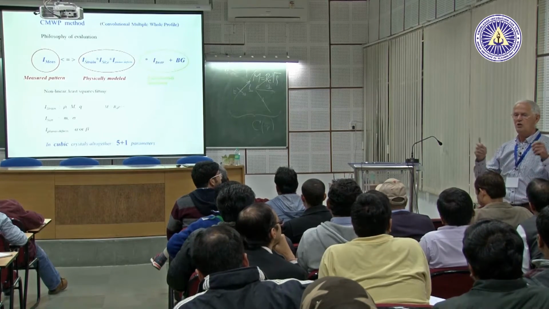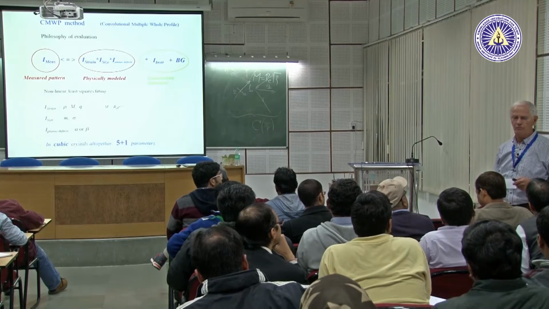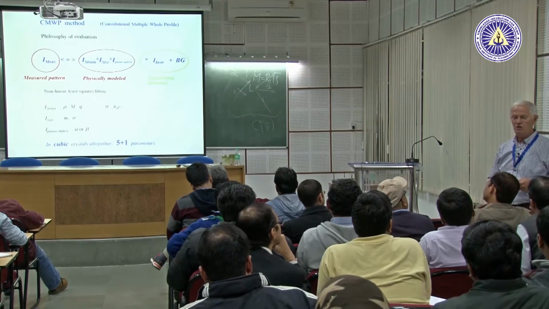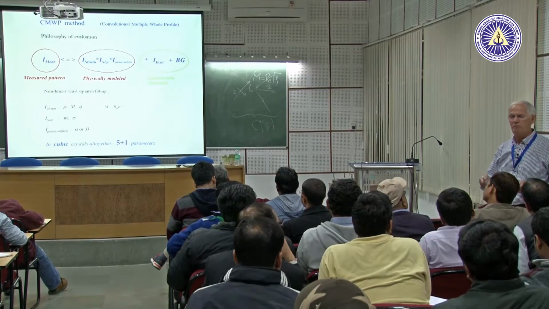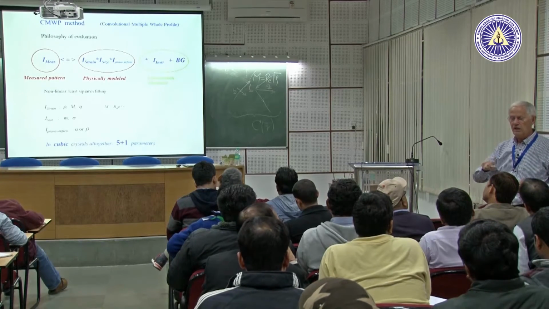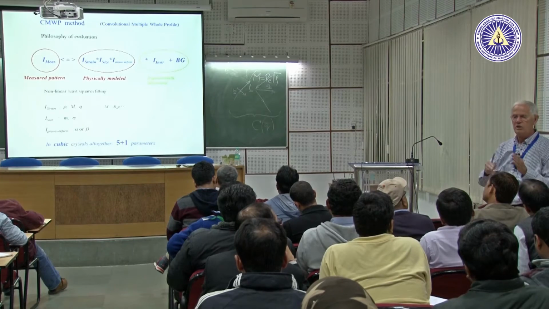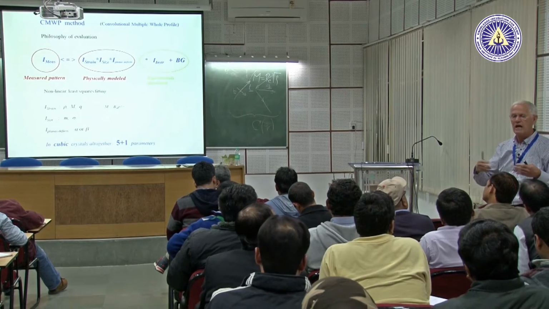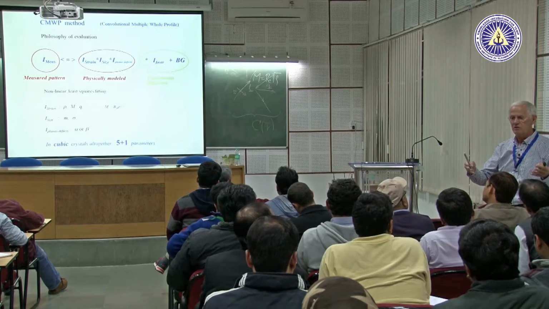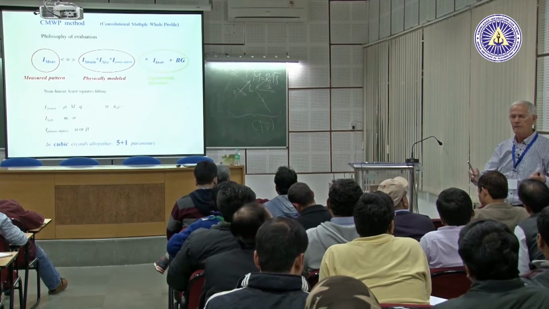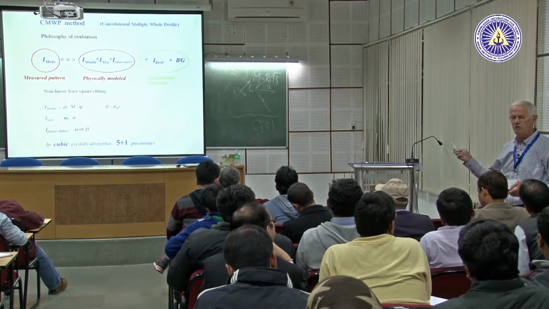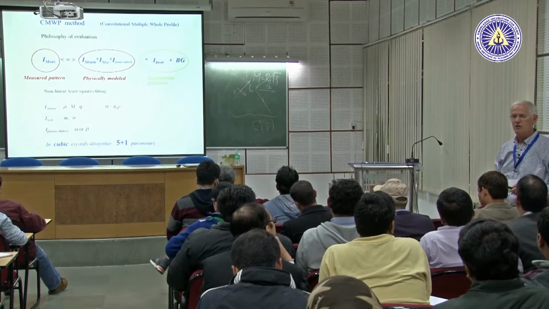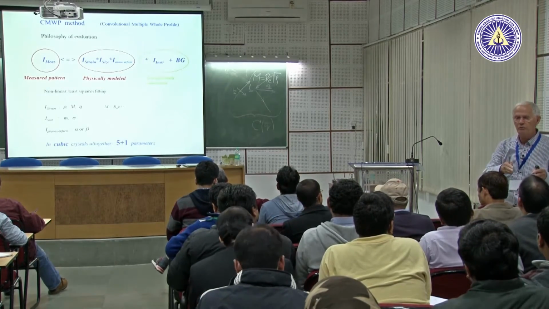So we included a Monte Carlo procedure in which the physical parameters are evaluated by the Monte Carlo, and the peak positions and peak intensities are still worked out with the nonlinear least squares fitting. So there is a combination of Monte Carlo and nonlinear least squares to obtain the global minimum.